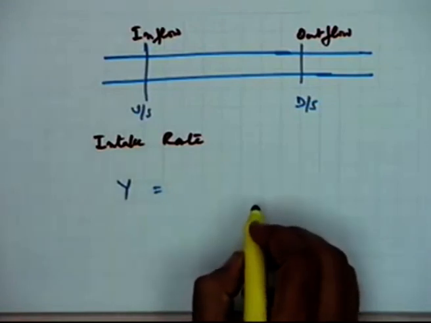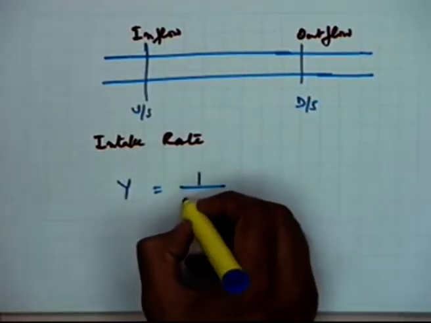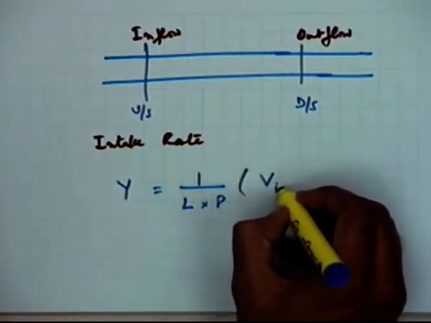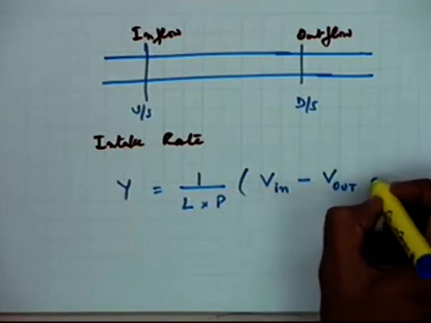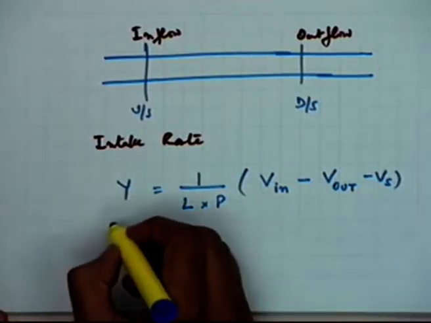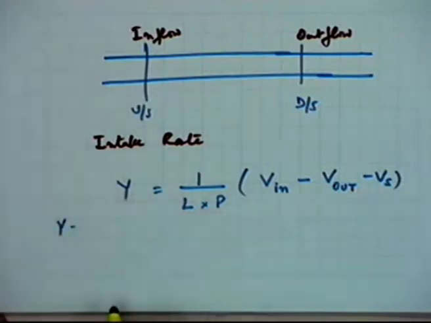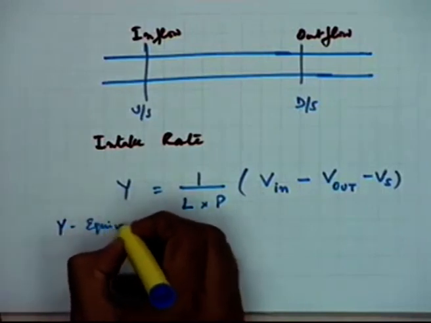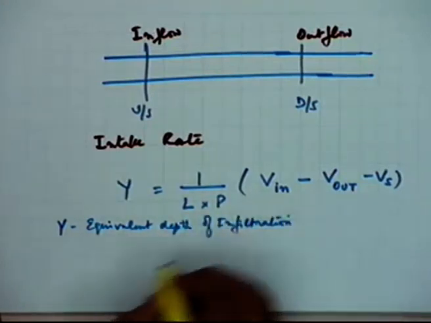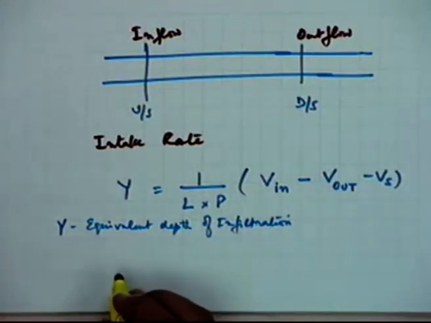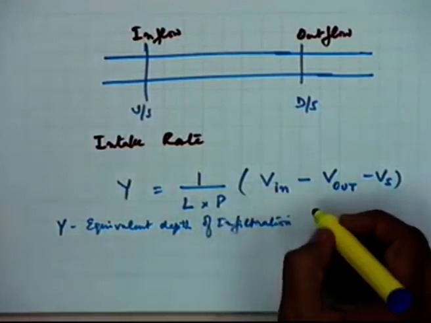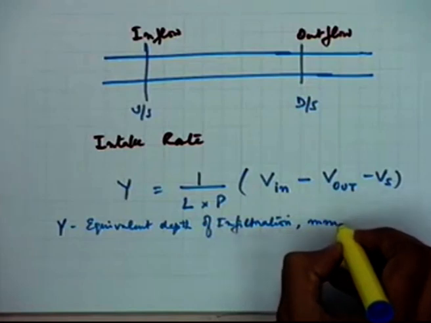Let's say Y is the intake rate; you can express it as Y = (V_in - V_out - V_s) / (L × P), where Y is the equivalent depth of infiltration over the wetted surface area of the field, in millimeters.